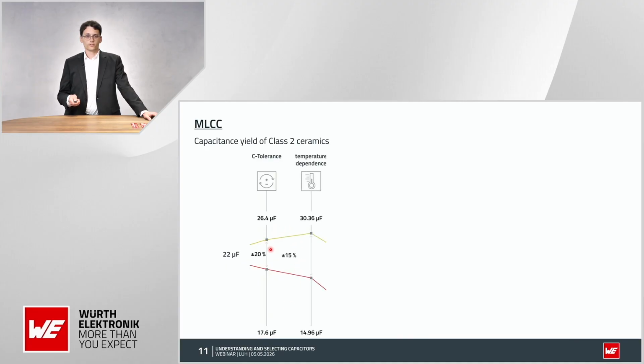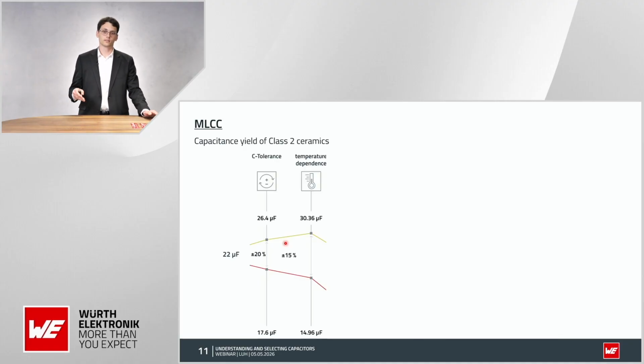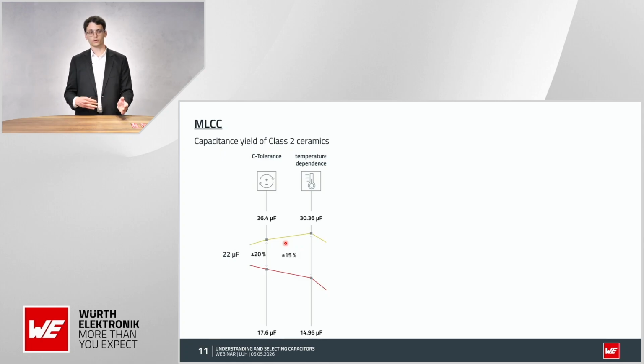And then you have also the temperature dependencies, which is allowed because it's X5R. X5R means that the R stands for 15% capacitance change in the operating temperature range. So therefore you can also lose some more capacitance.